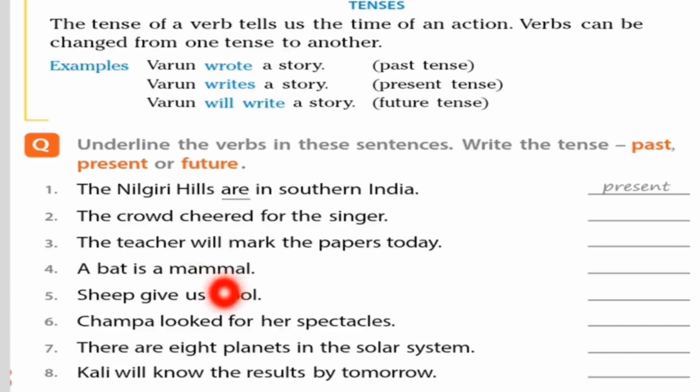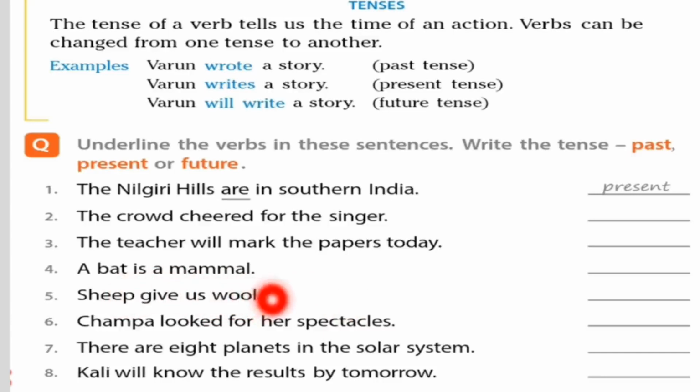So for habitual action and also universal truth, we have to use simple present tense. That is one rule. Then, sheep give us wool. It's again a natural phenomenon, so we have to use present tense.